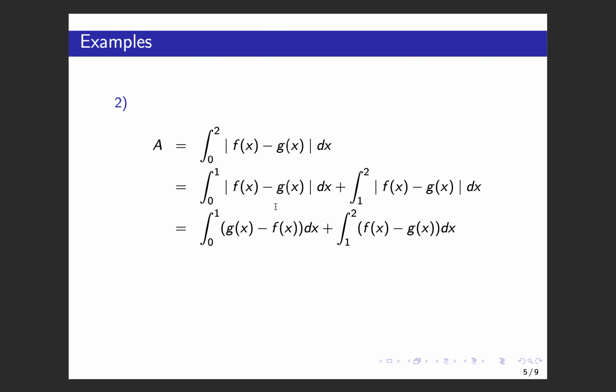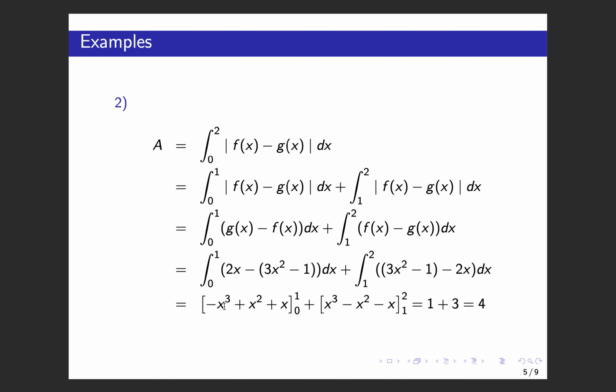So the first definite integral will be the integral of g minus f, and the second integral will be from 1 to 2 of f minus g. Now we find the antiderivative. We put the expressions of g and f, and then the expression of f minus g, and we look for the antiderivative of these power functions, which are simple to find.